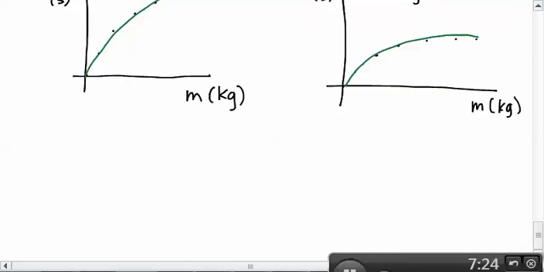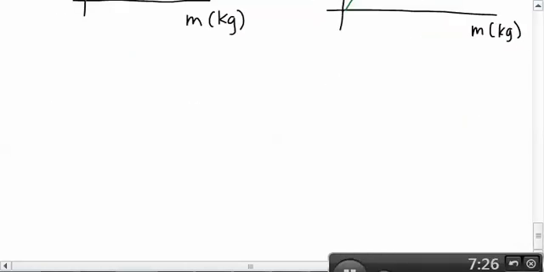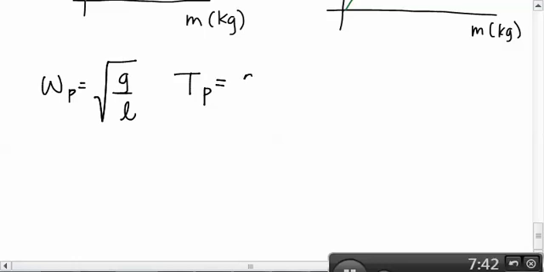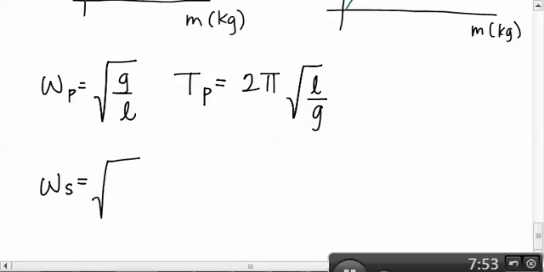So let's summarize just a bit so that when I turn you loose, you have something to go on here. The angular frequency for a pendulum is the square root of g over L. The period for a mass on a pendulum is 2 pi square root of L over g. The angular frequency for a mass oscillating on a spring is the square root of the spring constant over the mass.